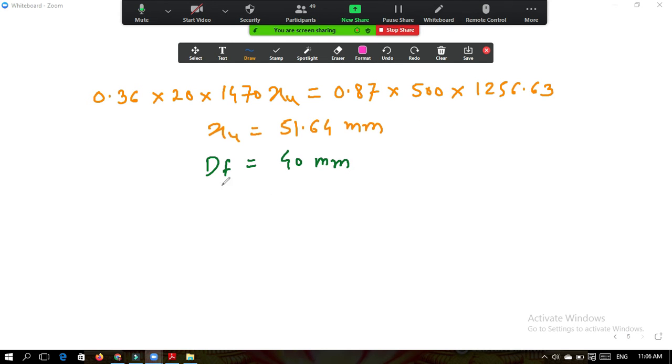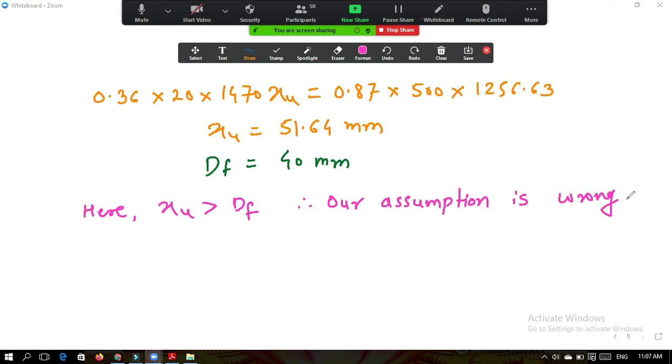Now here you can see that Xu is greater than Df. So therefore our first assumption is wrong. Okay. So we will try now case number 2, that is our second assumption.